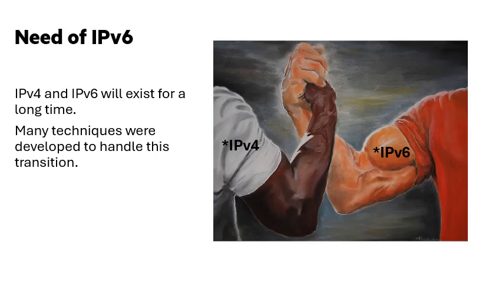So why do we need IPv6? IPv4 and IPv6 will exist for a long time. That's the thing. But IPv4 has far fewer addresses than the number of devices available. Today, the number of devices using the internet is more than the number of human beings on this planet.